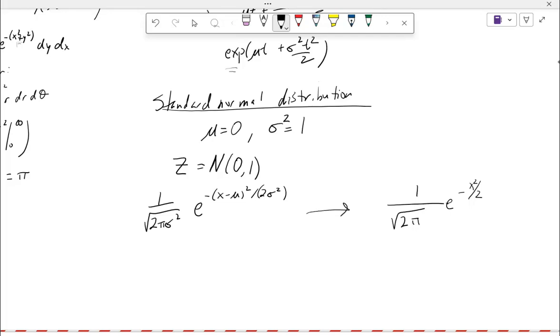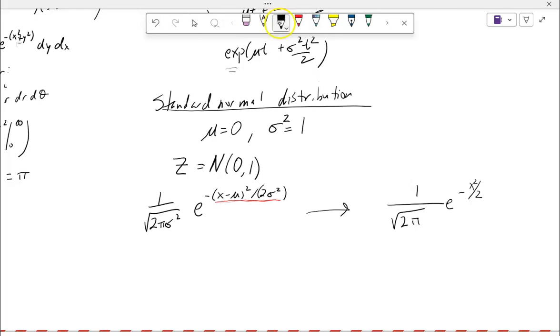Notice that, and I mentioned this a minute ago, this piece right here is like x minus mu over sigma, whole thing squared, and then there's an extra 2 out there. We agree with that?